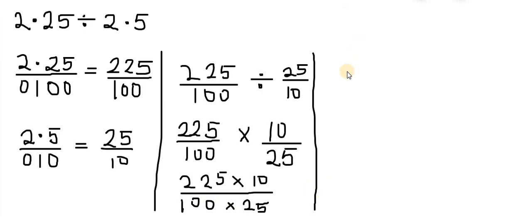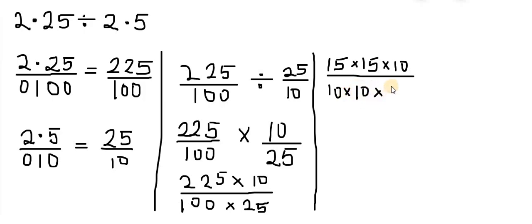So if I break that down, 225 is 15 times 15 times 10. That's over 100 is 10 times 10, and 25 is 5 times 5.